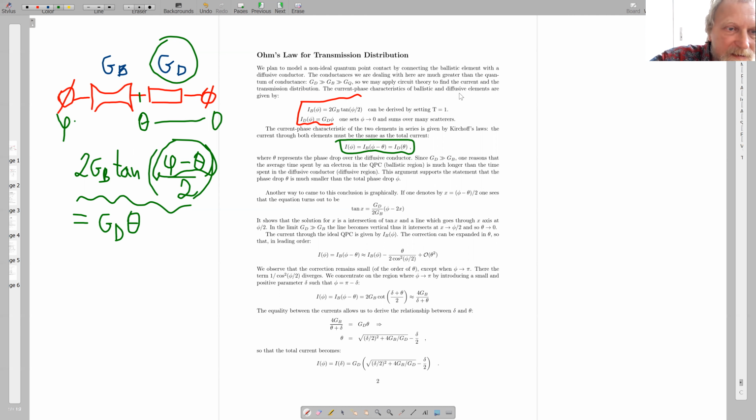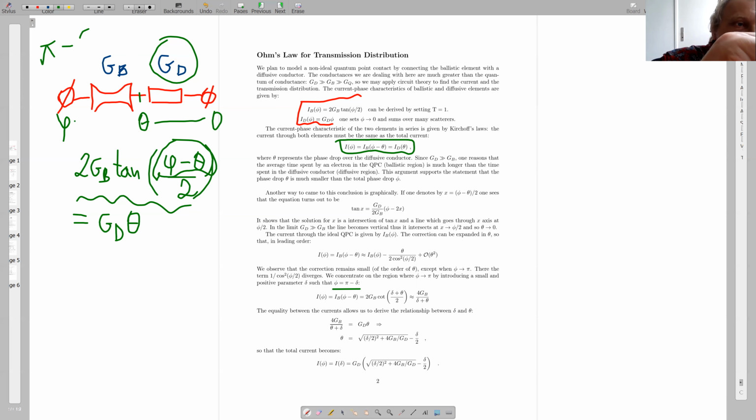Good. What can we do? Let us concentrate on the region where phi is approximately pi, and let me just consider small delta.